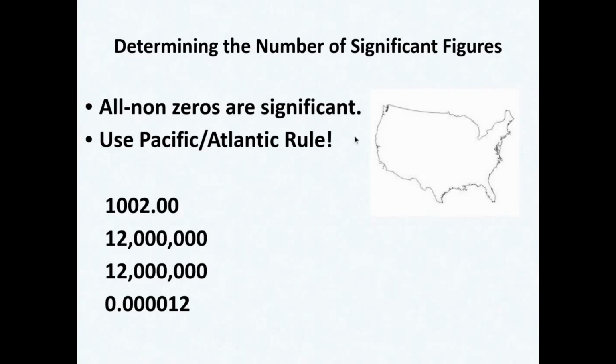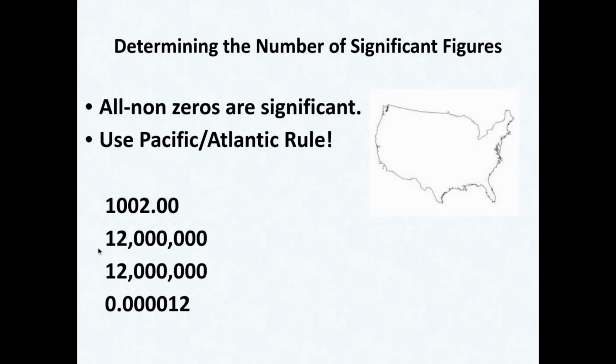So we'll start on the Pacific side and count everything starting with the first non-zero and on. So we would have 1, 2, 3, 4, 5, 6 significant figures. This one, the decimal is absent. So we're going to start on the Atlantic side, come to the first non-zero, and begin counting that way.